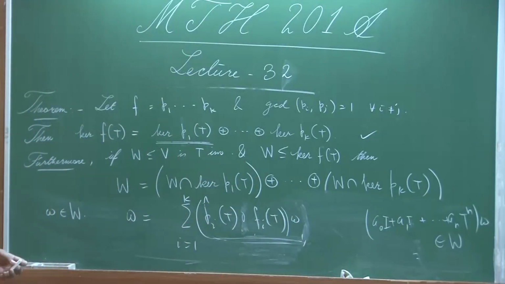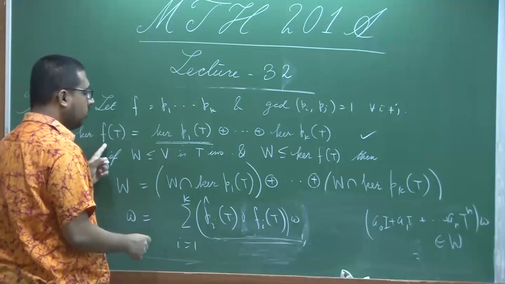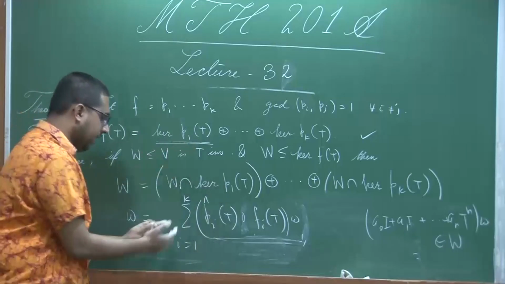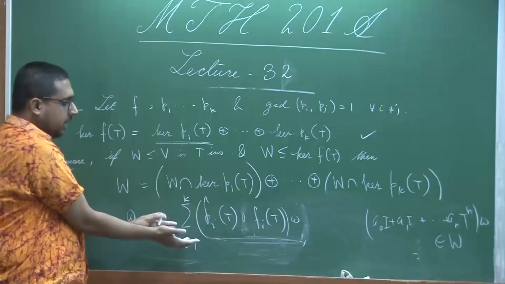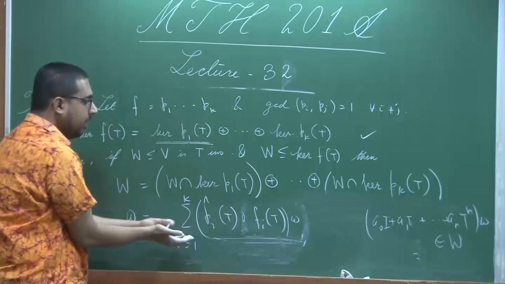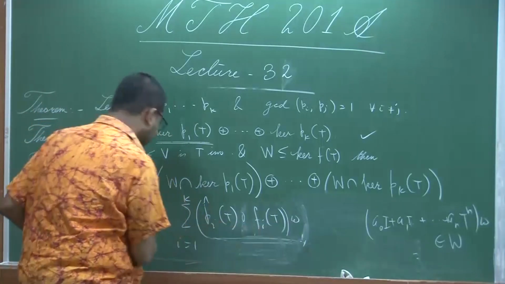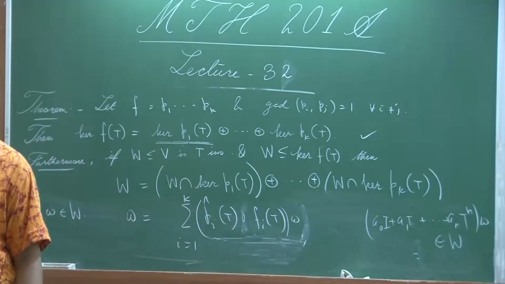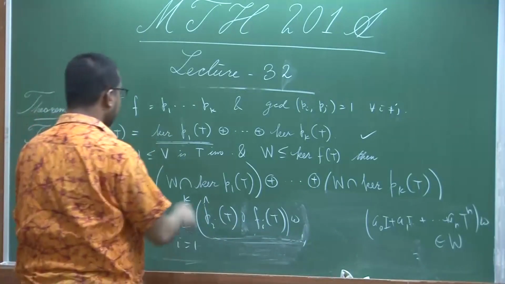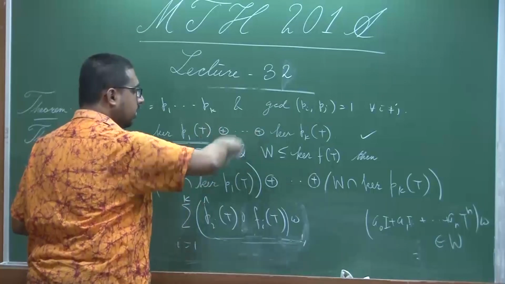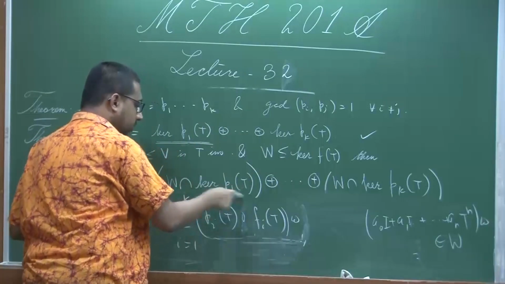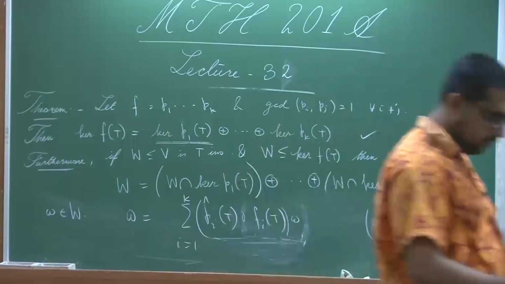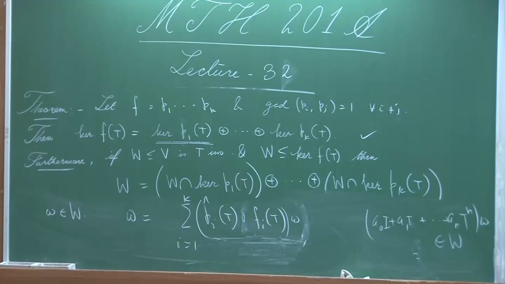Try to understand that given W, I know that for any i, this is the unique element from the kernel of P_i such that the sum is W, okay, that I know, and furthermore we see that it also lies inside W. So, given W, its constituents lie on one hand inside the kernel of P_i and on the other hand inside W. So, therefore, the intersection, the rest is now done.